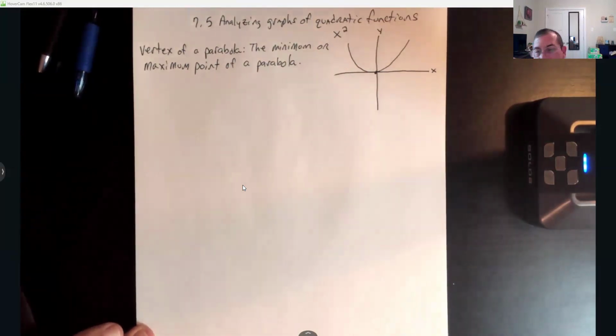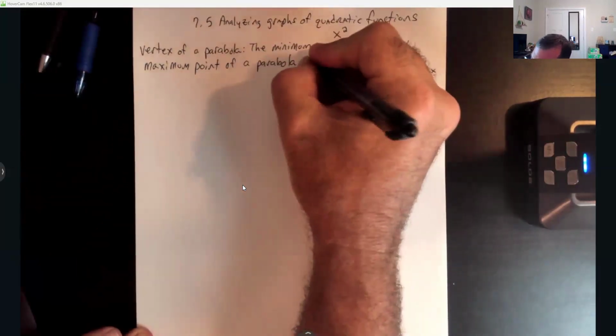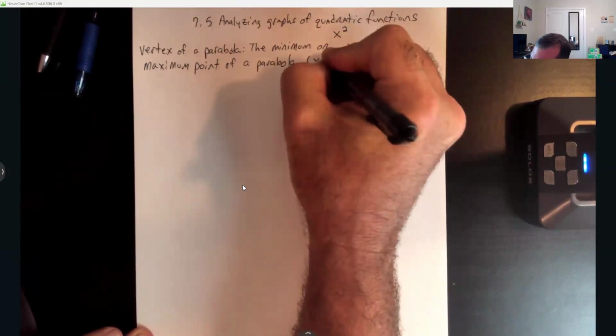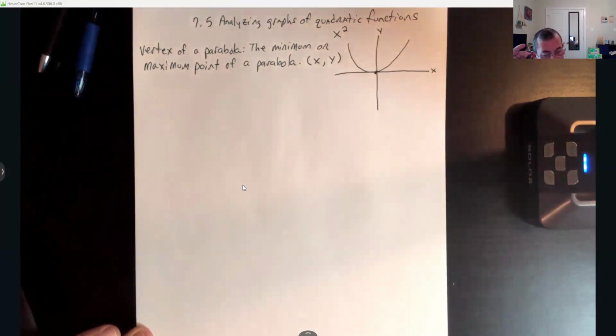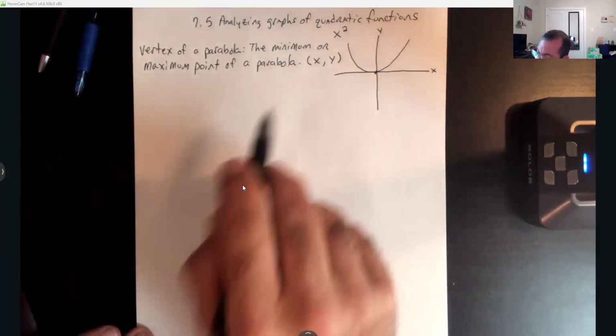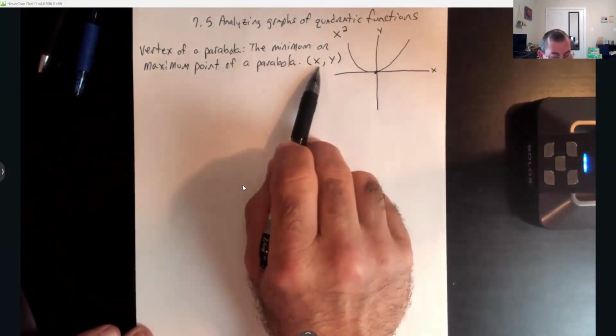And remember the vertex will be like an ordered pair of an x and a y.